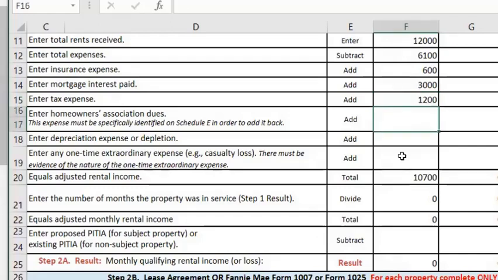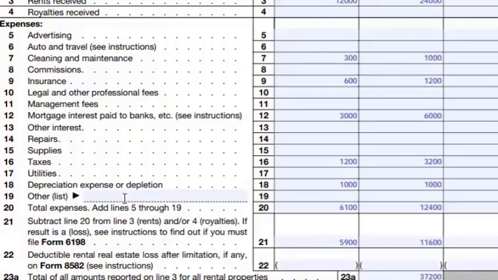Enter homeowners association dues. Do we have homeowner association dues? No, right? It will mostly be written in line number 19, other, statement number 10. They have written some amount here, $300. Now we do not know whether it could be $100 for HOA and $200 for other expense. Then we need to find that statement, that page, where it will be written statement number 10.